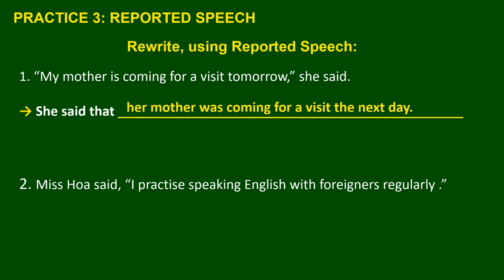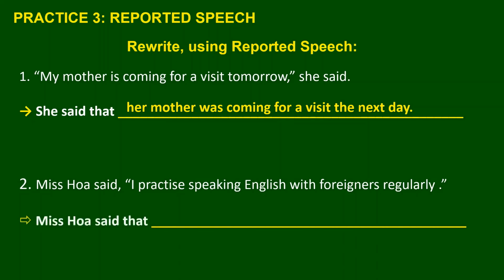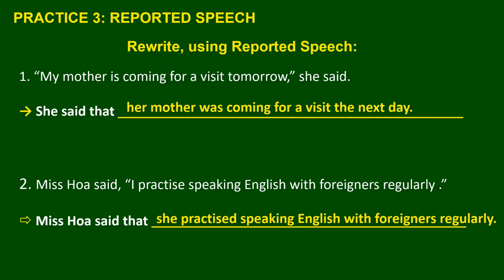That's why we can write like this: Mrs. Hoa said that Mrs. Hoa, or she, and then "practice" in the present form, so we have to write it in the past form in reported speech, right? So the answer: Mrs. Hoa said that she practiced speaking English with foreigners regularly. Is it clear?